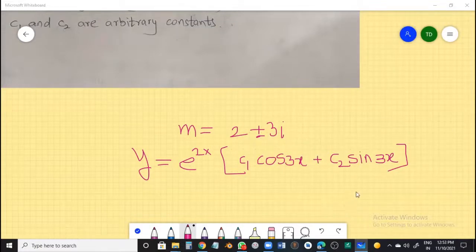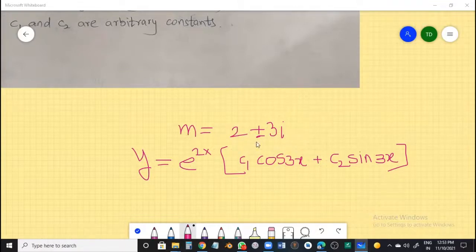I would like to repeat. See, what we do is we consider the homogeneous equation associated with the given one. We factorize and try to find the roots. If the roots happen to be complex, they will occur in conjugate pairs. I got two roots here, 2 plus 3i and 2 minus 3i.